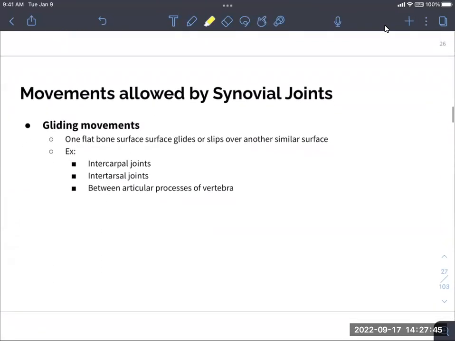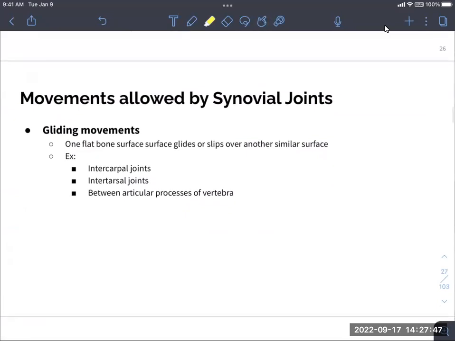So, gliding movements. It's where one flat bone glides over the surface of another bone. So, intercarpal joints. Carpals are your wrist bones. So your carpals, your wrist bones, slide or glide over each other.